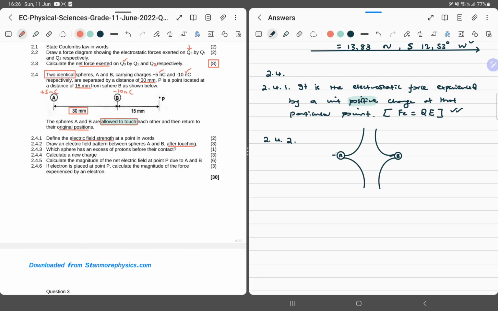Now we can just simply do our stuff whichever way we like. We really don't have to sweat. So I'm just going to keep it simple. Now remember, to a negative charge, the field lines are going in.